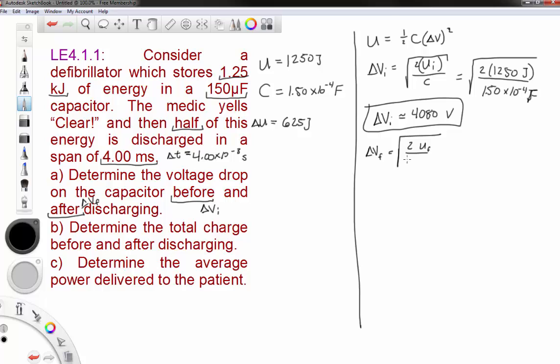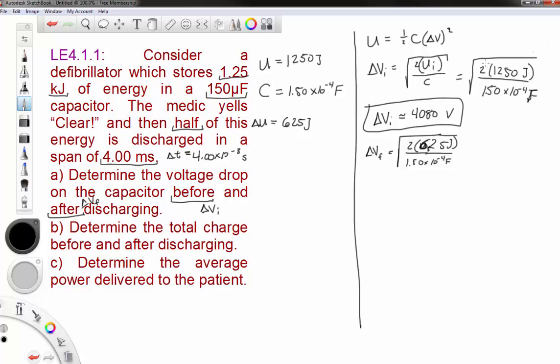Okay, then half the energy is discharged, so delta V final is going to be the square root of 2 U final over 1.50 times 10 to the minus 4 farads, U final being, in this case, 625 joules. So put that into the calculator.